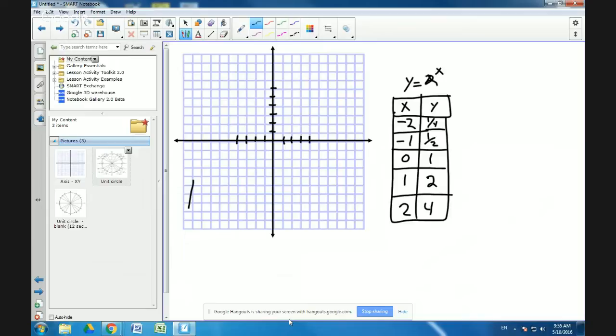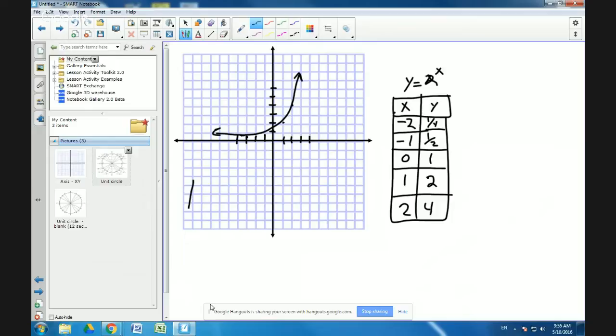Now when we graph this, just follow our points. And we can see that there's exponential growth.